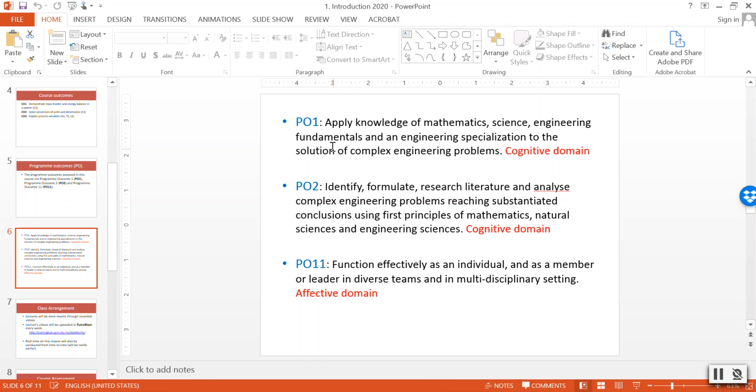So for PO1 and PO2, we will assess you based on your performance in test 1, test 2, assignment and final exam, because it is about the cognitive domain, which is your brain. For PO11, we are going to assess you through a group project, where we want to see whether you are able to work individually and as a team member.